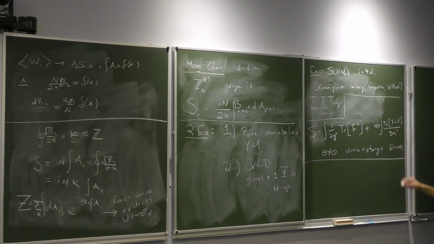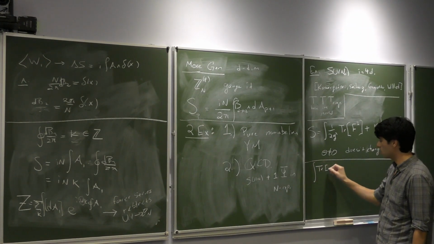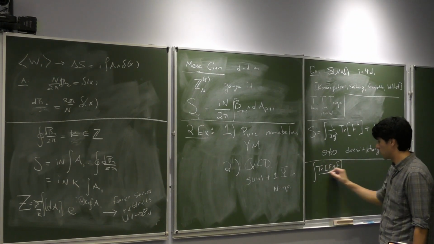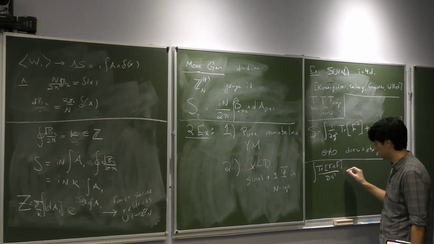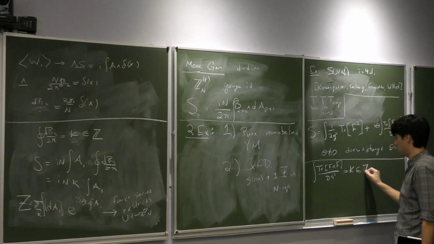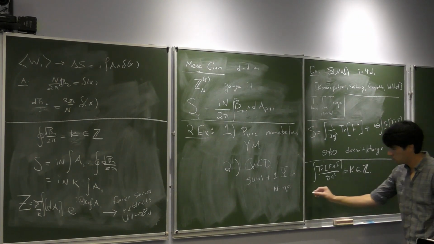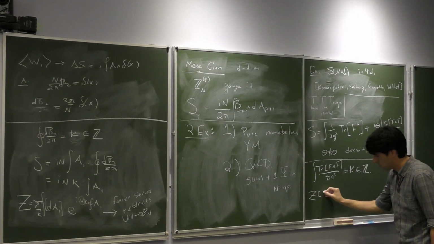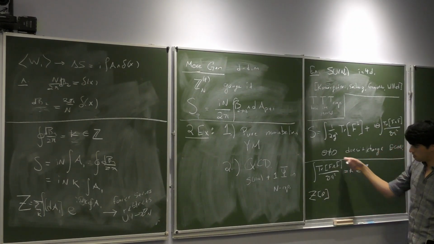Now we need the fact that for an SU(N) gauge field, the instanton number is an integer. Theta here is a parameter of your theory, so you can think of your partition function as being a function of that parameter.